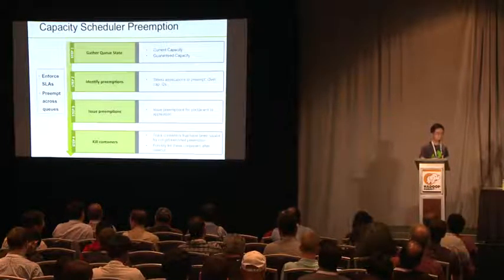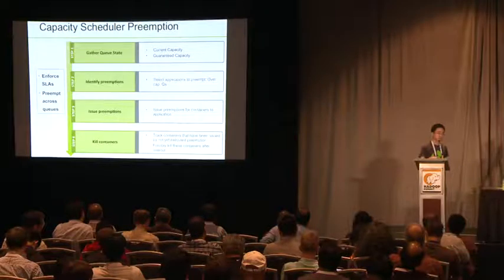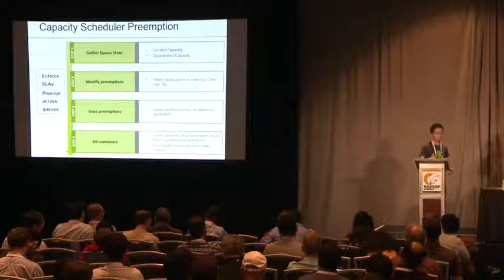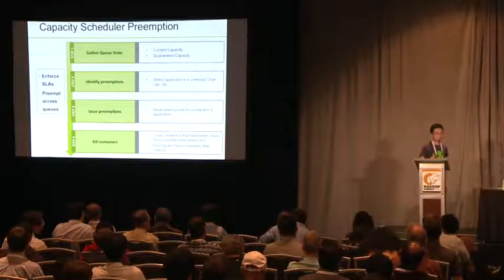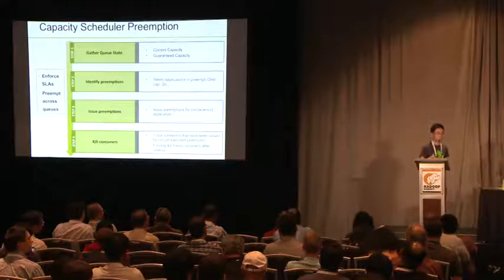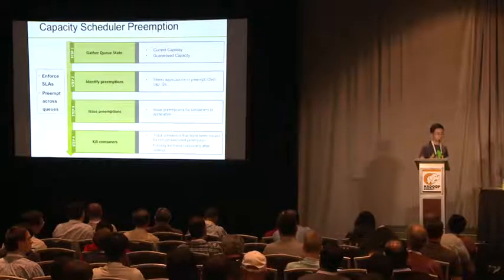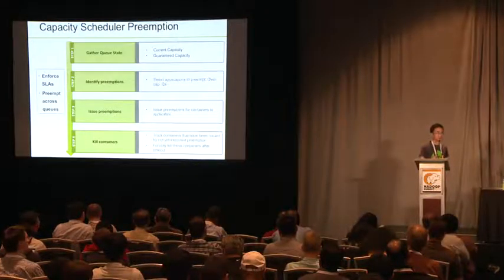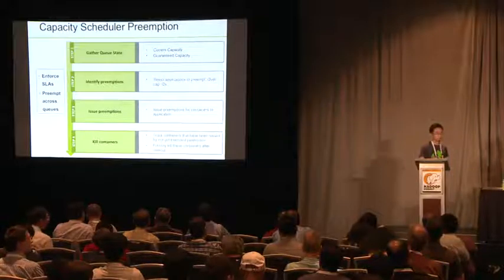And when the application gets such a request, it will pick the resources the application wants to release, and send such a request back to the resource manager, and the scheduler itself can kill such containers on demand by the application. This is kind of a cooperative protocol. So the scheduler itself won't just immediately kill these containers. It will wait.